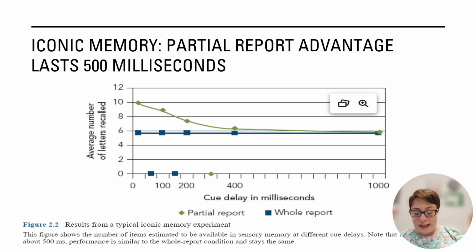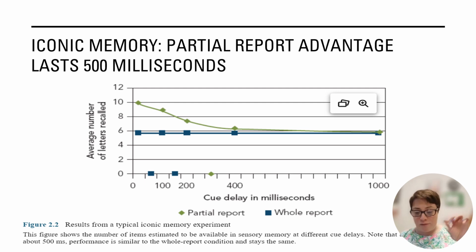So basically, as much sensory input as your eyeballs can see, that's how much information is stored in your iconic sensory memory register. However, it's only actually in there for a very small amount of time.